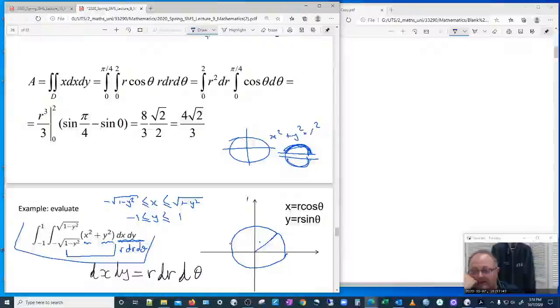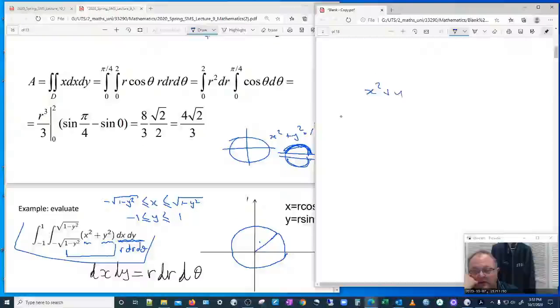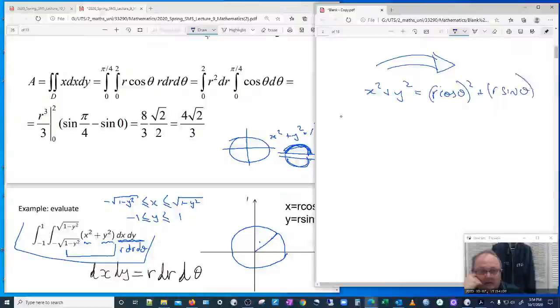Now who can tell me what x squared plus y squared would look like? It is going to be in its alternate form. Here we go, change forms now. So we've got r cos theta squared plus r sine theta squared.